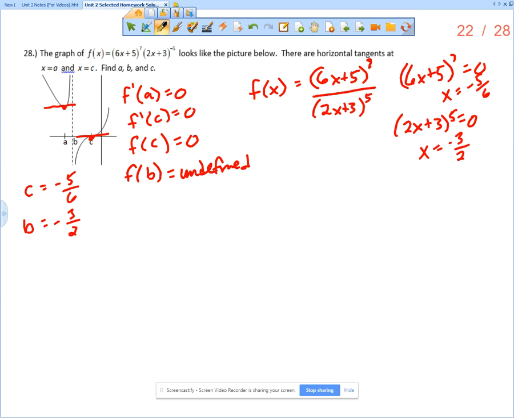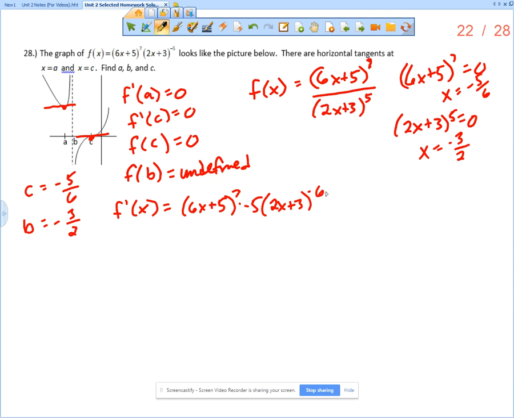So now, it's important that you know that's all pre-calc. There's no calculus there. All right, but now we do need to find f prime equal to 0 in order to find a. All right, so let's go ahead and find f prime. All right, so f prime of x. I'm going to use the product rule. So I have (6x + 5)^7 times the derivative of (2x + 3)^(-5). So chain rule says negative 5 times (2x + 3)^(-6), right?